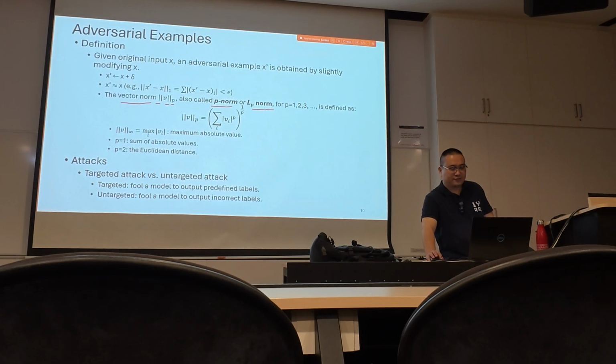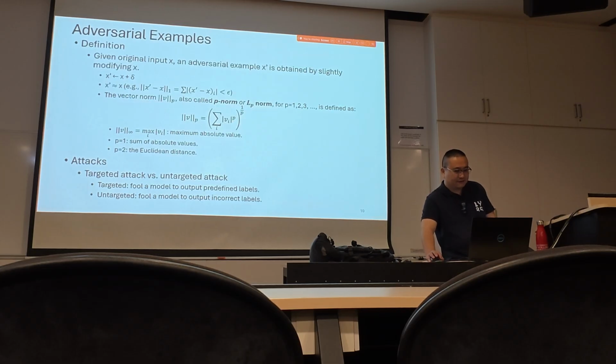We can choose values from p equals 1, 2, 3, etc. until infinity. The definition of the Lp norm is the sum of the absolute values of each element, where we raise the absolute values to the power of p, and then we raise the sum to the power of 1 over p. So this is the definition.